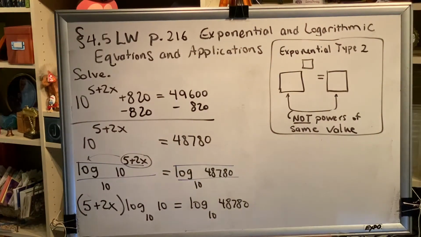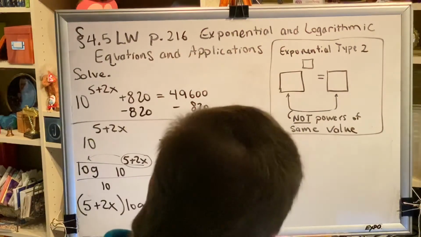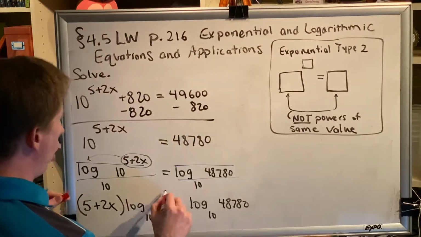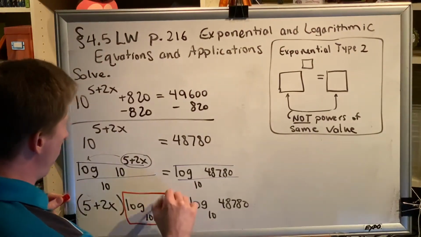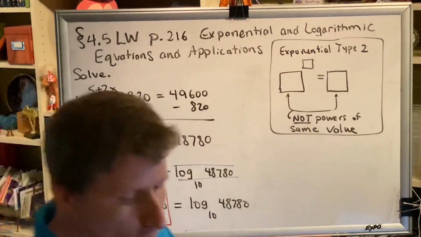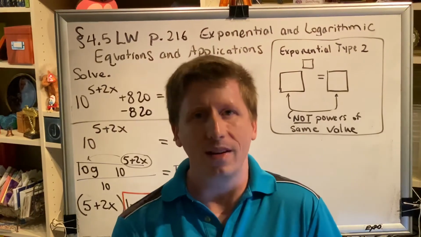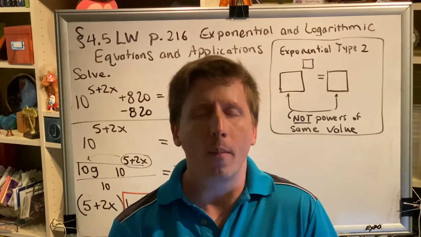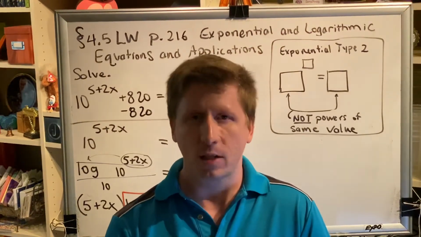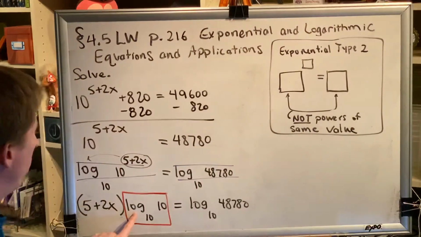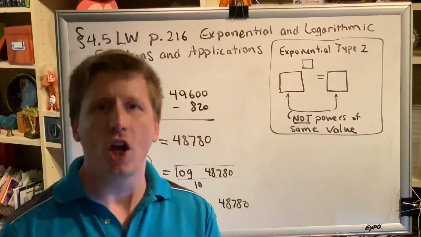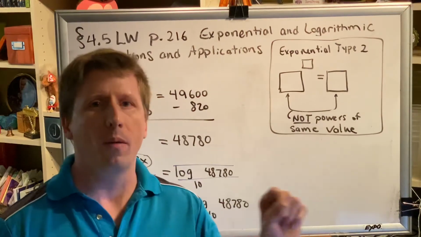Okay, great. Now, one of the things that I have taught you is that anytime you ever see a logarithm where the base is a number and the argument is also a number, you need to stop and ask yourself this question: can that be rewritten as an integer? Remember, a logarithm is a missing exponent, and log can be written as EGOB, exponent goes on base.